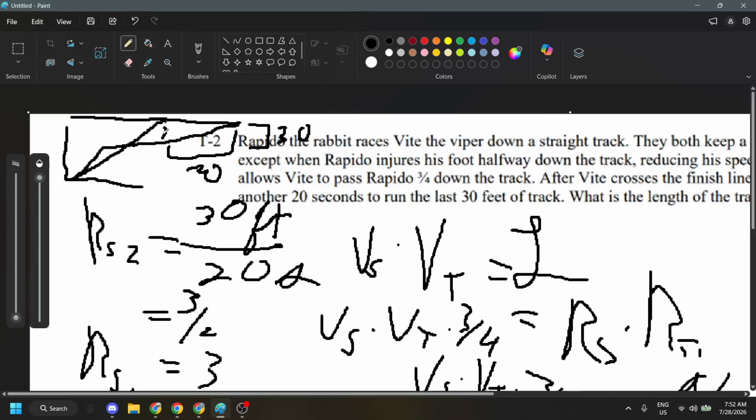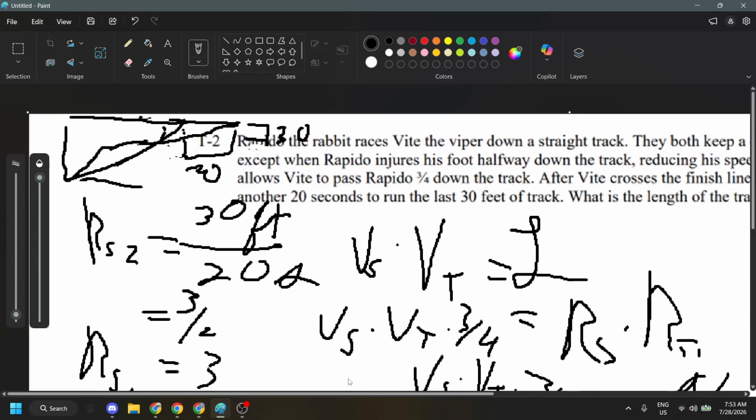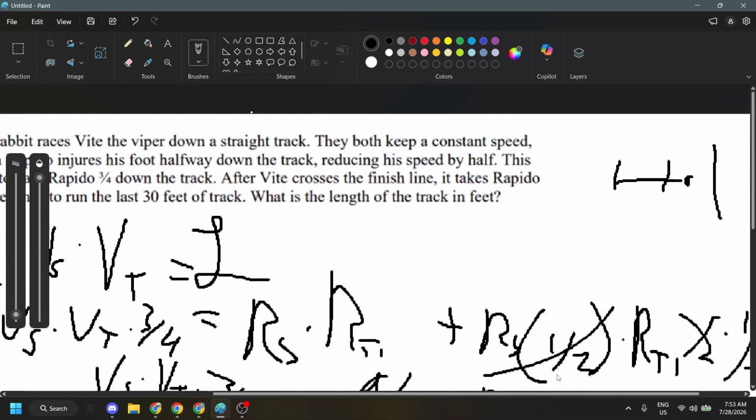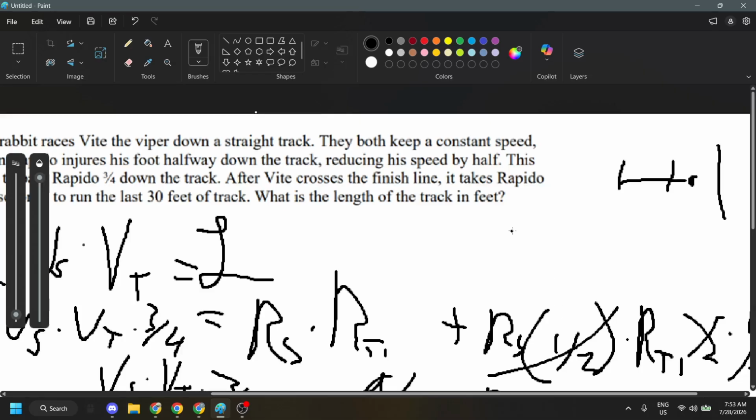And it would look more like there we go. So we know rabbit's time 1.